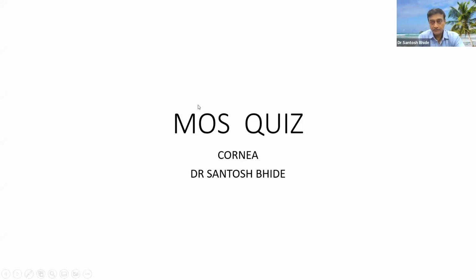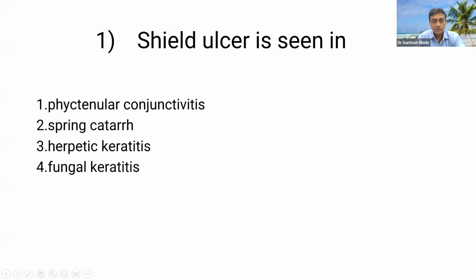Let's start the quiz. I hope everybody knows the first question. There are 15 seconds. So first question is shield ulcer is seen in. These are the 4 conditions and the time starts now. The poll is on the screens. Please do not mention anything in chat. Put everything on the screen.